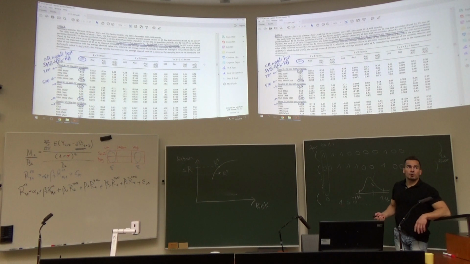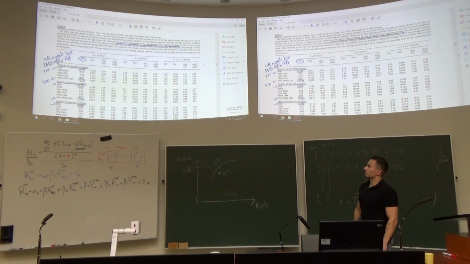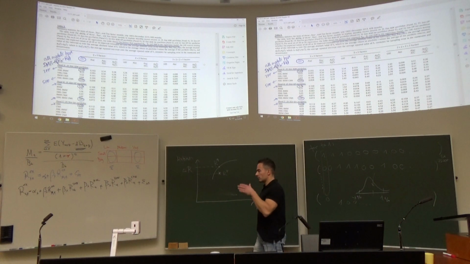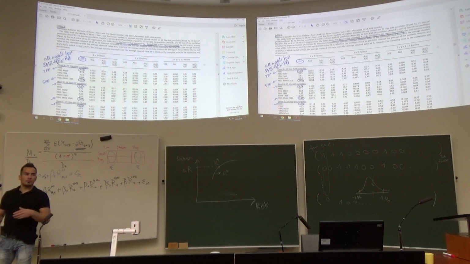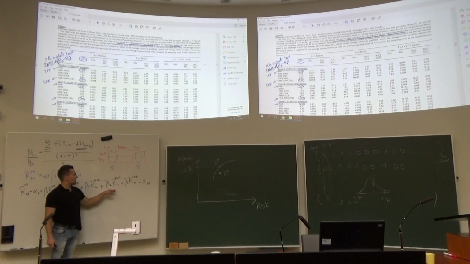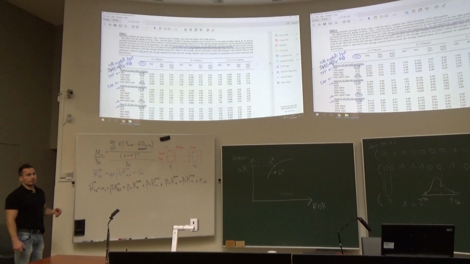Using just the three-factor model, the GRS test has a value of 3.62. So the average pricing error decreases, of course, when we use the five-factor model. But I told you already in the beginning, this is not surprising, because even if you would use some random series here, most likely there would be some correlation just by chance, which would cause the pricing errors to decrease.